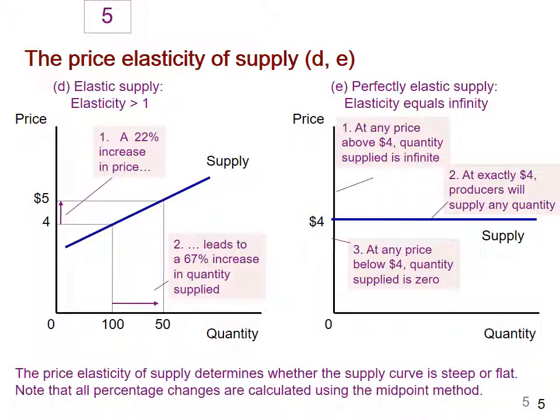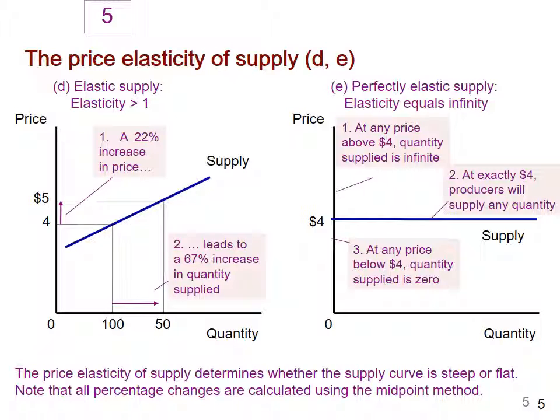In panel C, the supply curve is fairly flat. A 22% change in price increases the quantity supplied by 67%. Here, sellers are very price sensitive. They respond a lot to a change in price, and thus the supply curve is fairly elastic.